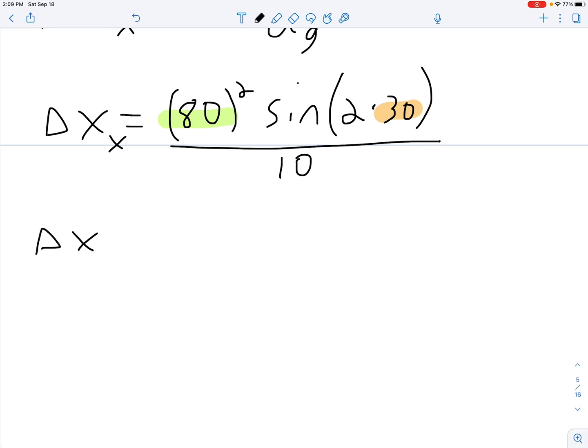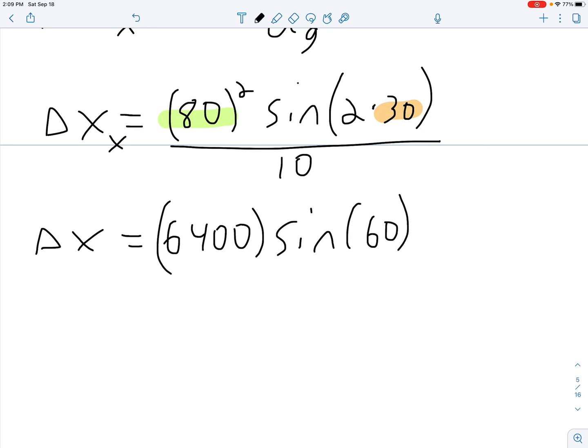So we get delta x equals 6,400, that's 80 squared, times the sine of 60 over 10. And we can just put this in our calculators. Make sure that your calculator is in degrees, because this is 30 degrees, and not radians.